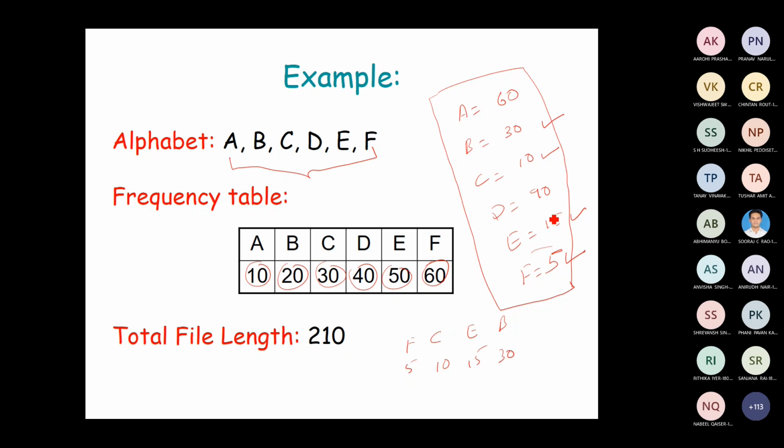The next is A, which is 60. And the next value is D, which is 90. So this is my frequency table. If the frequencies of occurrence given in the example are not in order, you have to sort them in increasing order.